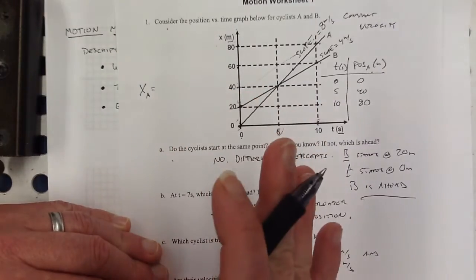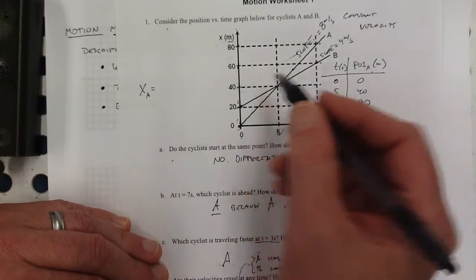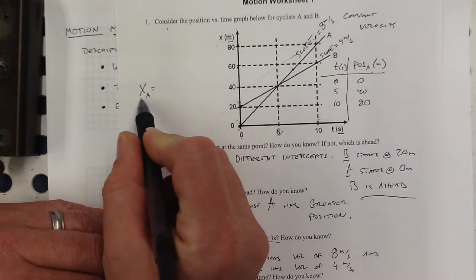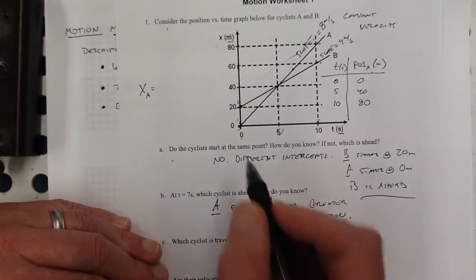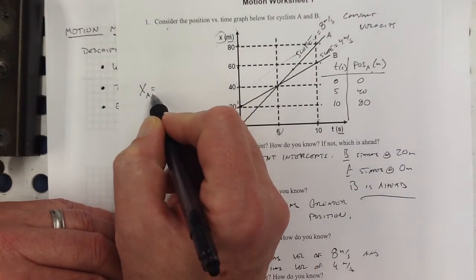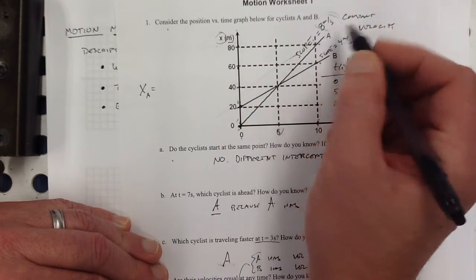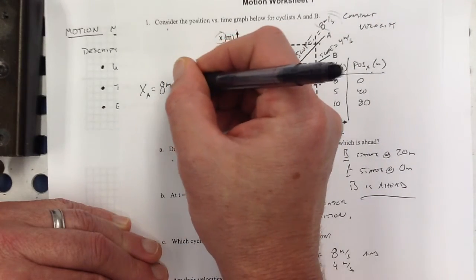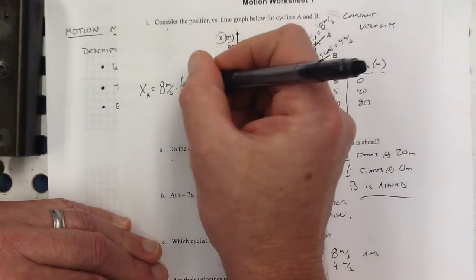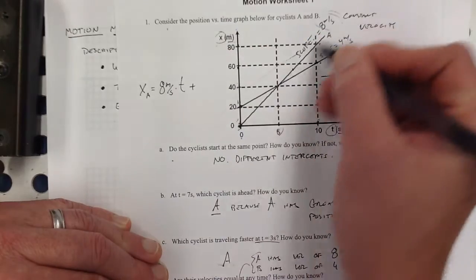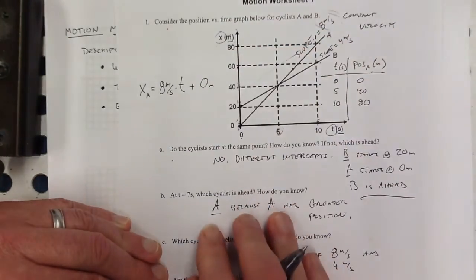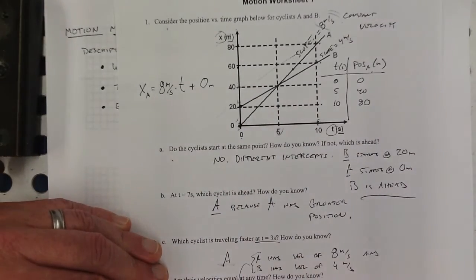I'm writing the equation for a line, a straight line, so I'm thinking y equals mx plus b, but I'm writing down the actual things going on here. What's on this axis is my y, equals m x plus b, and the intercept here is 0 meters. I'm just going to write it out. So there's the equation of motion for this one.